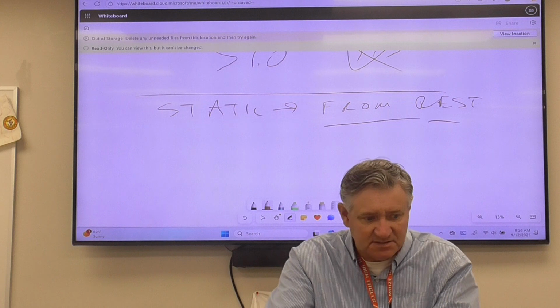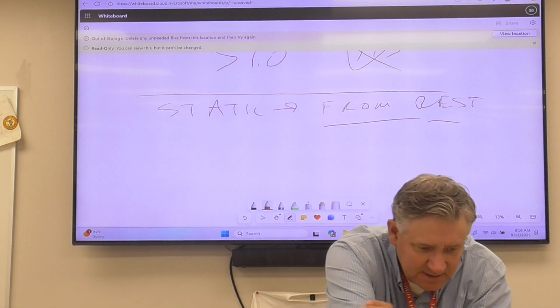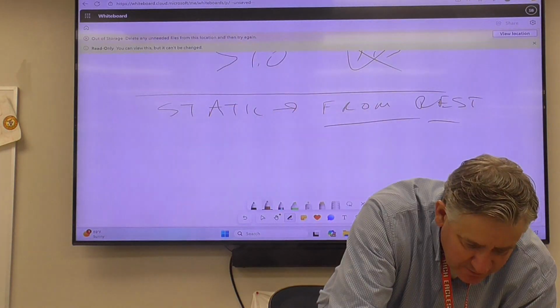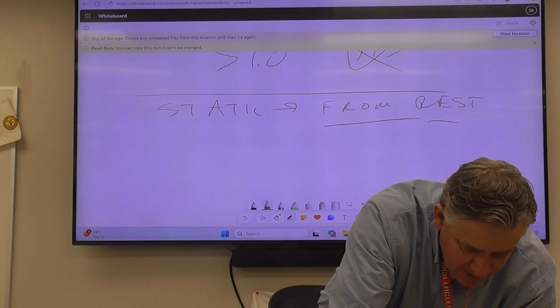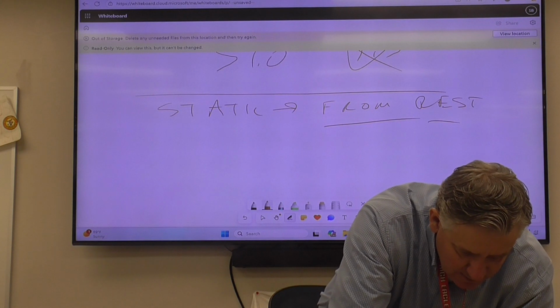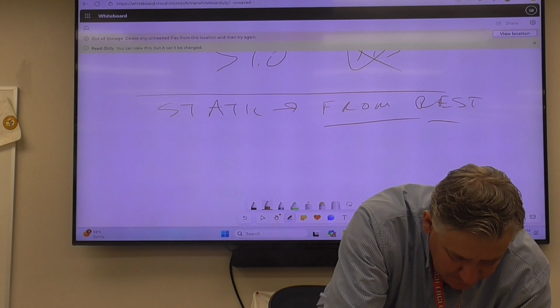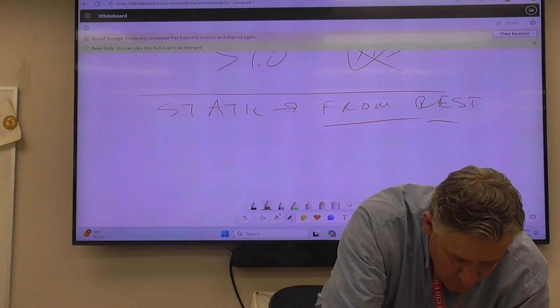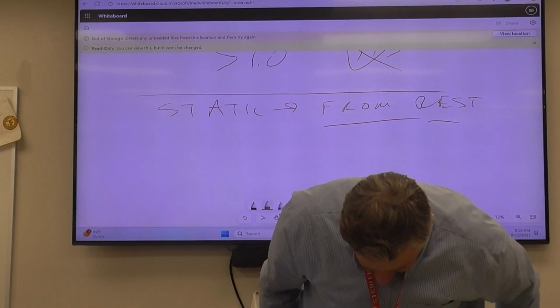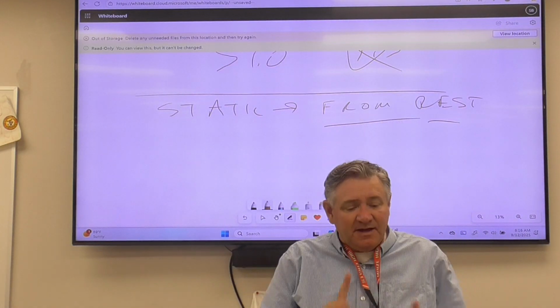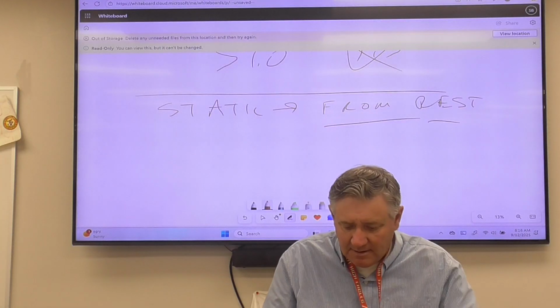So I'm going to go back to this surface, so that way I'm comparing the same thing. I'm going to pull this until it just begins to move, which was 1.30 newtons, okay?